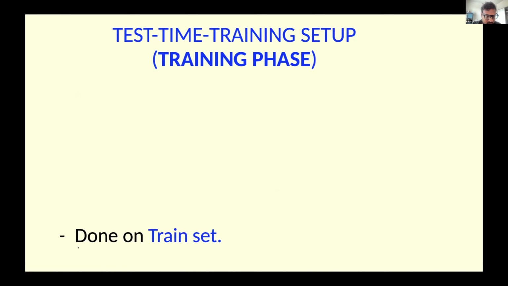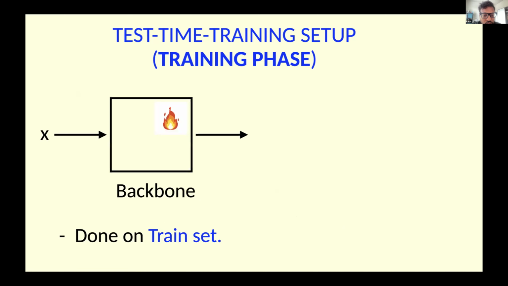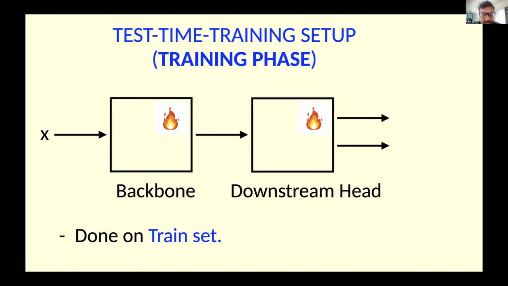If you look at the classical way we have worked, here is your input image, then you have a backbone and a downstream head on top of which you train your network, and it generally does some task like classification or segmentation. You do this training on the train set, and during that time both the backbone and the downstream head are trained, so that's why I have fire here.